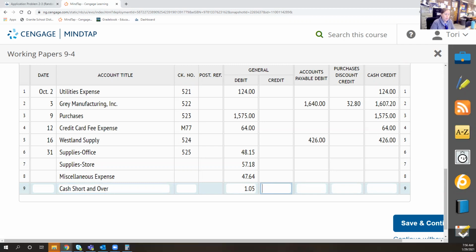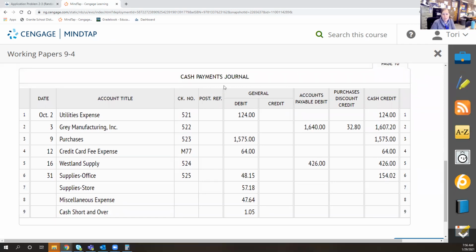Okay, but we didn't. Then the last step to this is that you add up all 4 of these together and you put in what we credit for cash. So if we add up 48 and 57 and 47 and $1, it's $154.02. And that is how you record in a cash payment special journal.